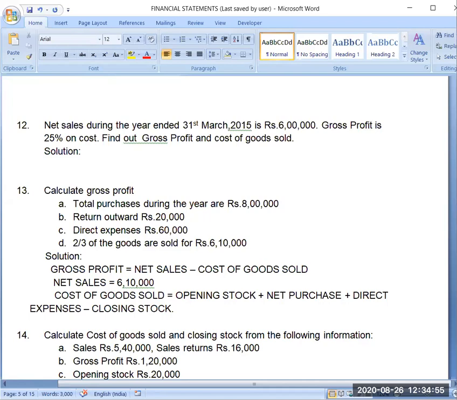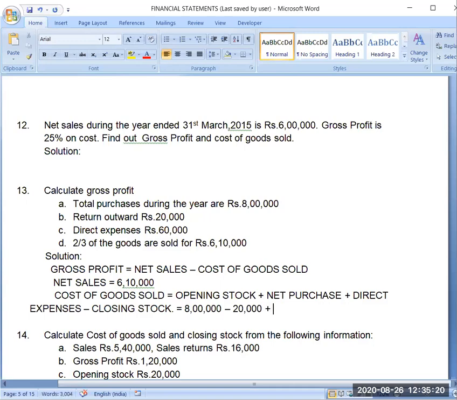So now see, the rest I can complete. I have purchases 8 lakh, and because I need net purchases, I will be subtracting purchase return from here. Purchase return is 20,000. Then I will get net purchases.